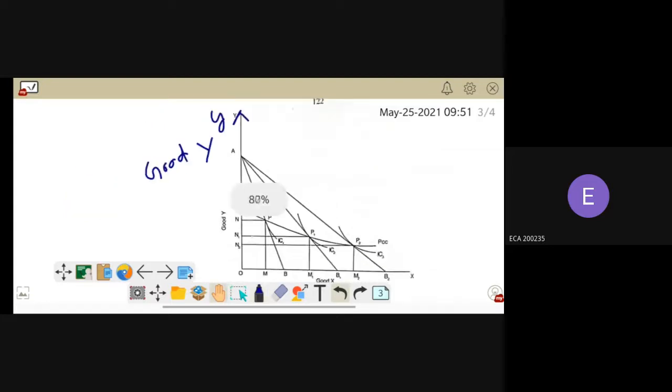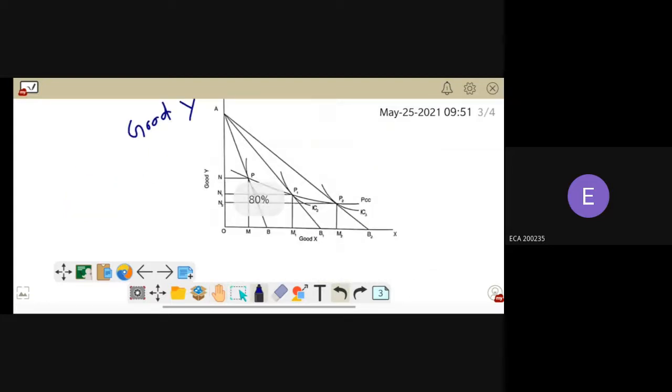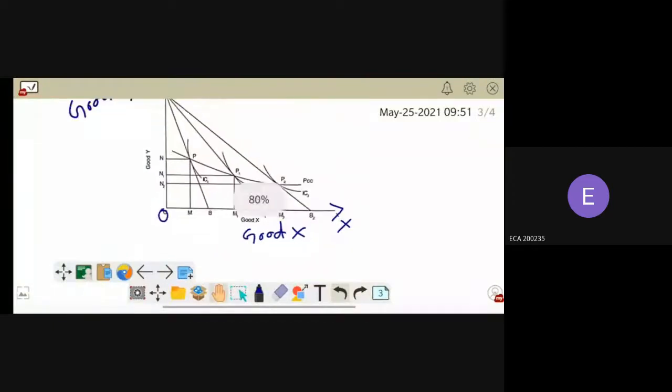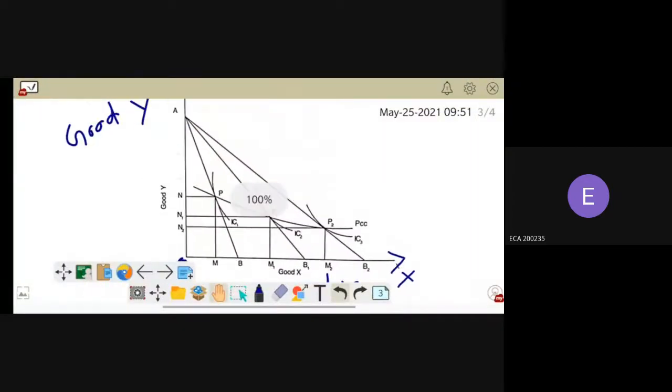And here this is the x-axis, and we measure the quantity of good X. And you could see we have a budget line, the initial budget line.